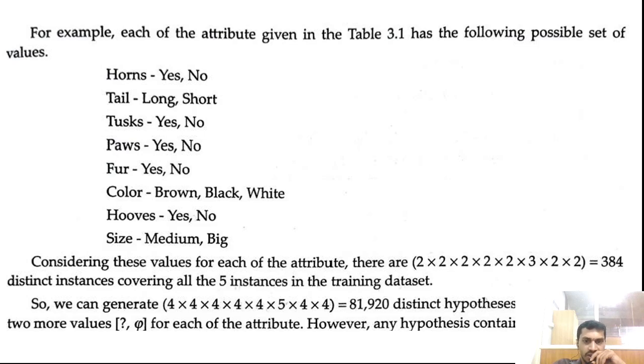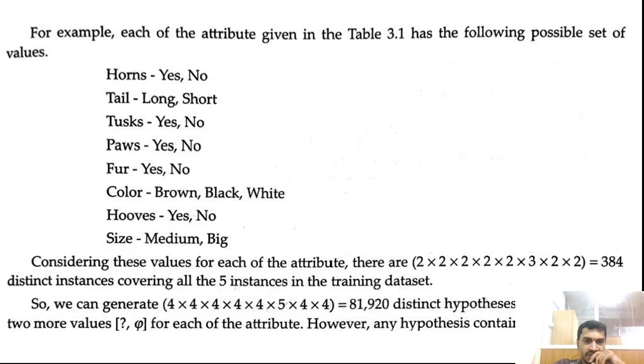So the total is 384 possible animals that can exist, right? We can say 384 distinct instances are covered.